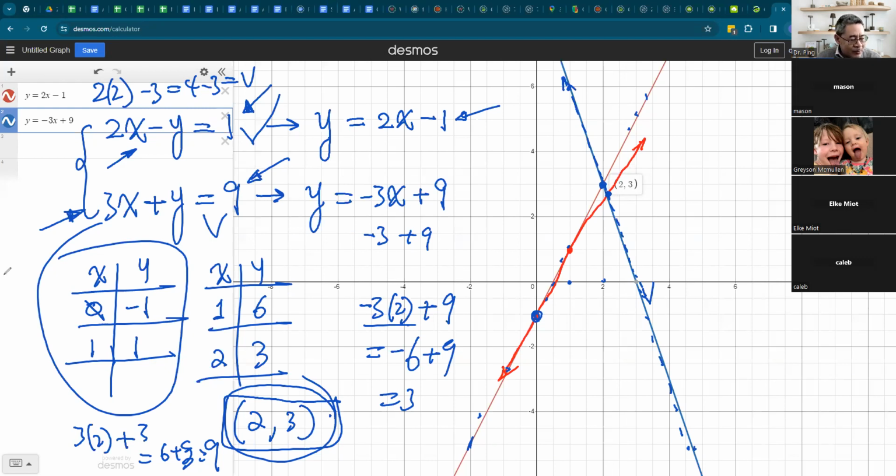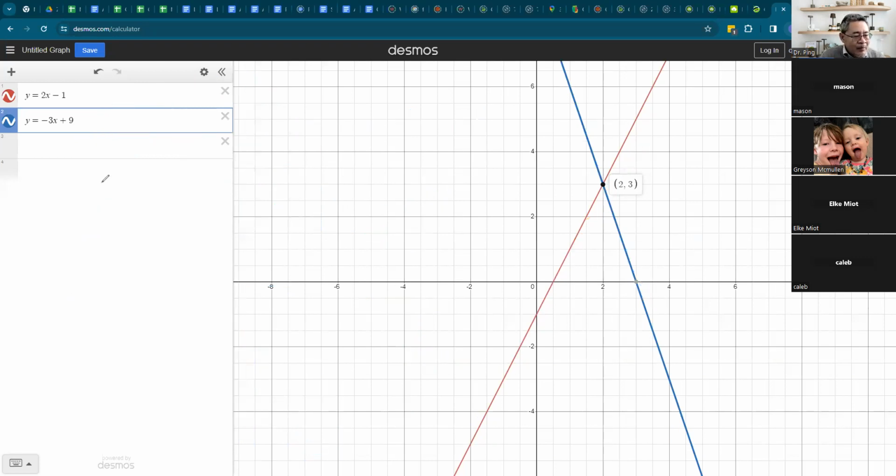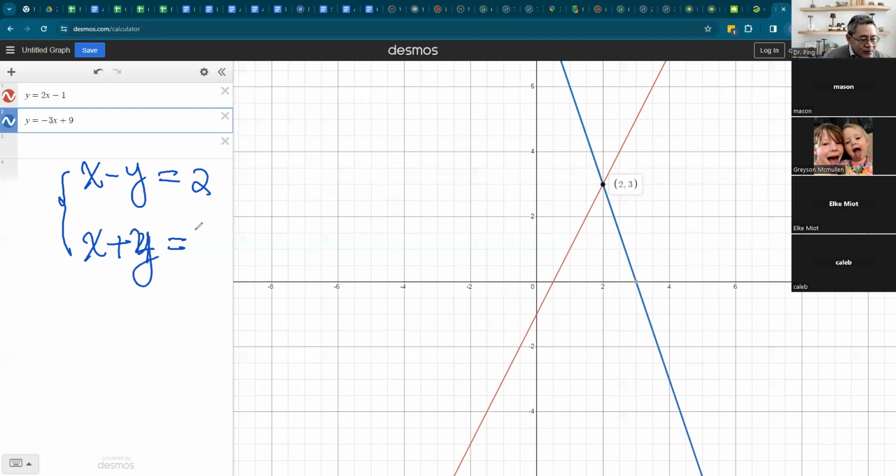Okay, are we good on this one? Very good. Okay, so I'll have you work on the problem here. This is x minus y equals 2 and x plus y equals 4.